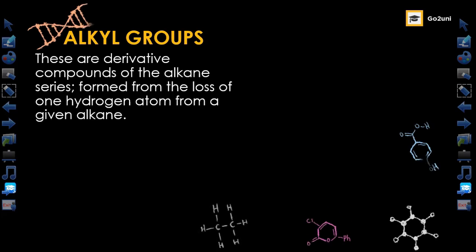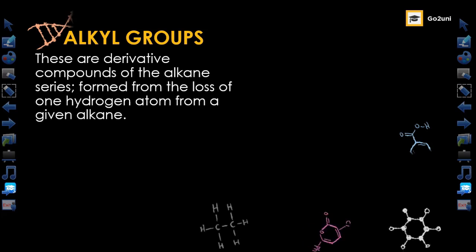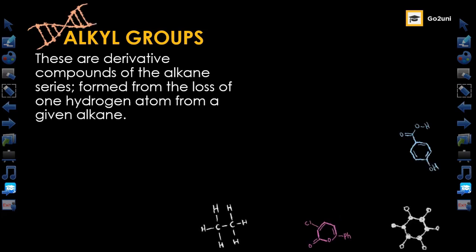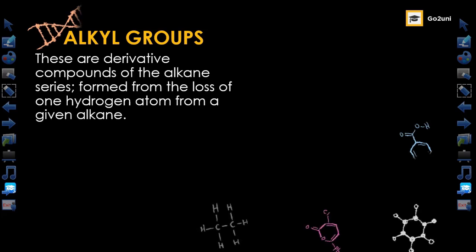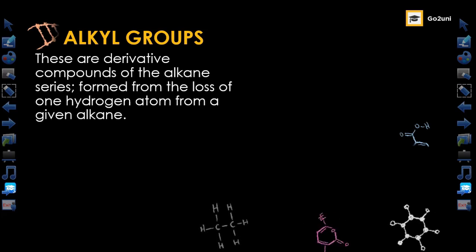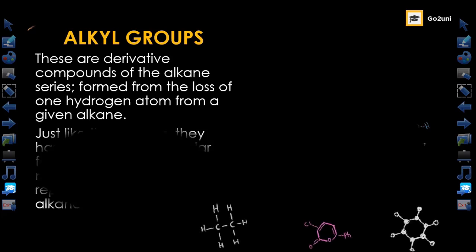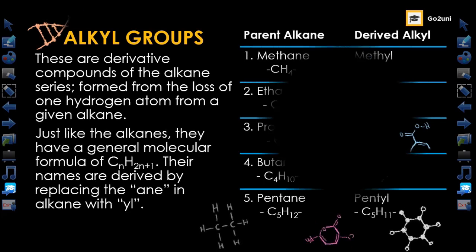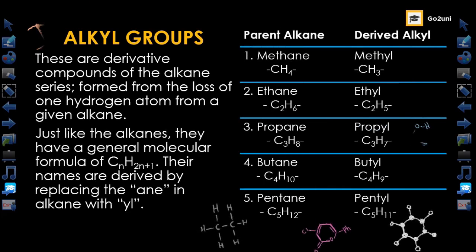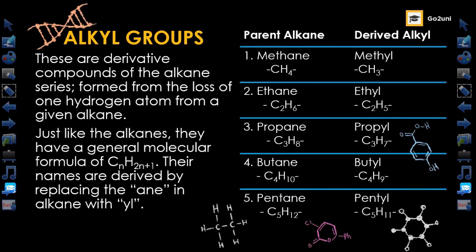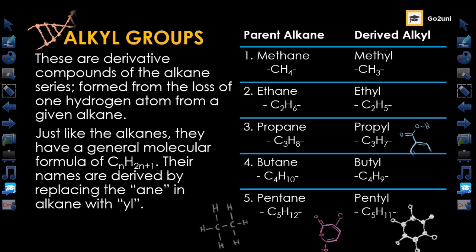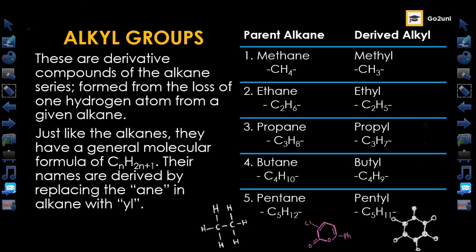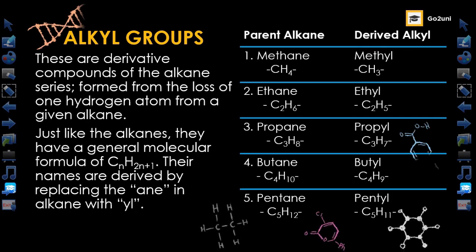When an alkane loses one hydrogen atom, it gives rise to the formation of a new compound or a new species called alkyl. The alkyls have a general molecular formula of CnH2n+1. As we can see, it is close to the alkanes, which have a general molecular formula of CnH2n+2.